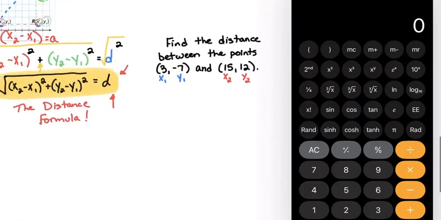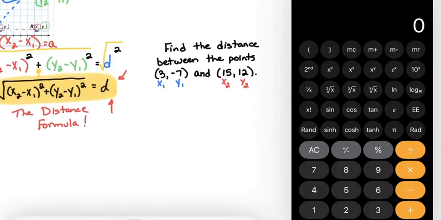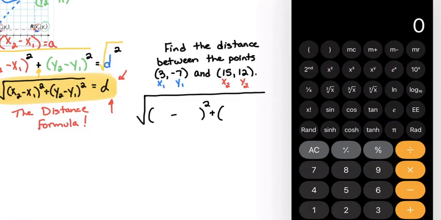Now we're going to use our distance formula. I'm going to write the distance formula blank except for the x1s, y1s, x2s, and y2s, and then I'm just going to go through and substitute where they go.